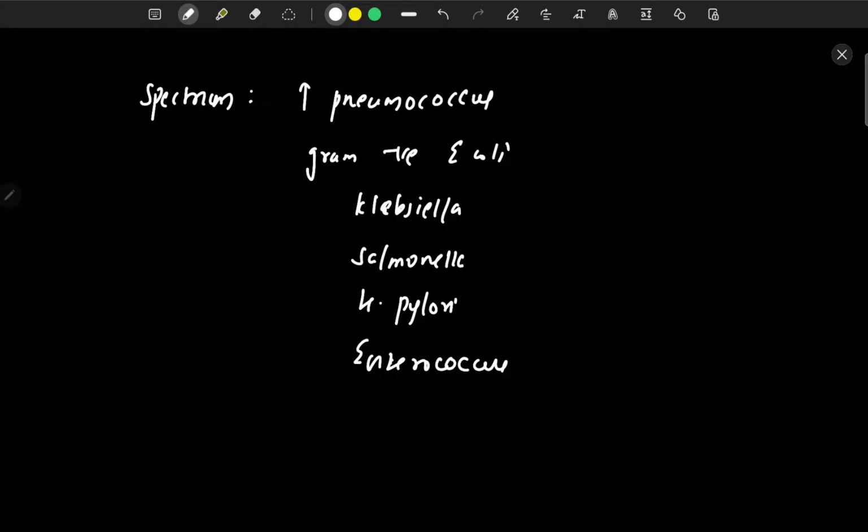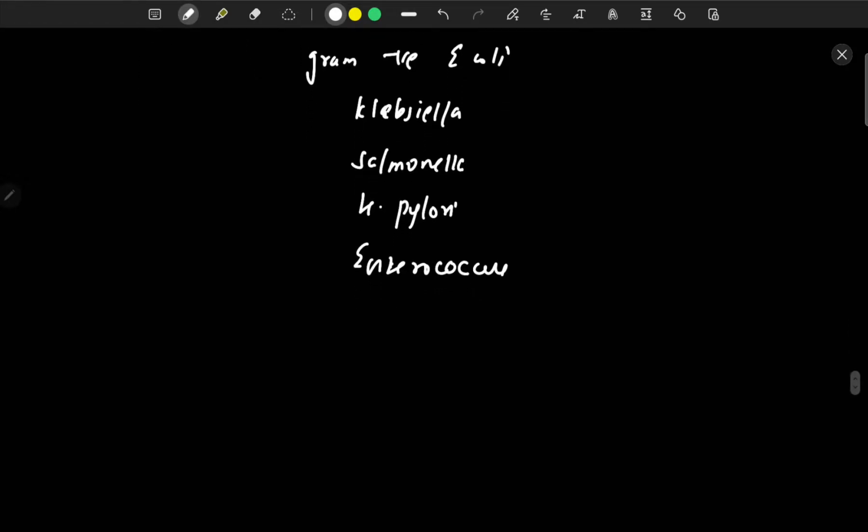I have said that amoxicillin is generally preferred over ampicillin.